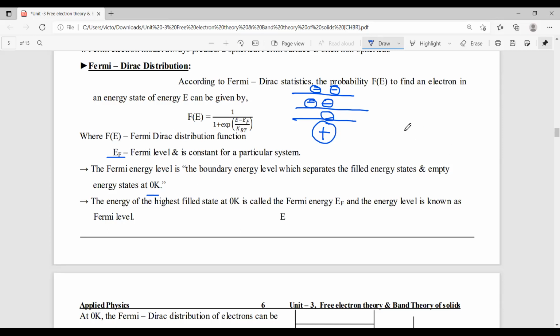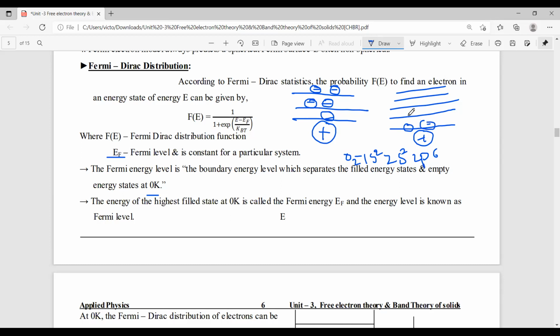For example, we have energy levels like that. If you take oxygen as an example, the oxygen electronic configuration is 1s2, 2s2, 2p6. Okay. So in the first energy level, we have 2 electrons.